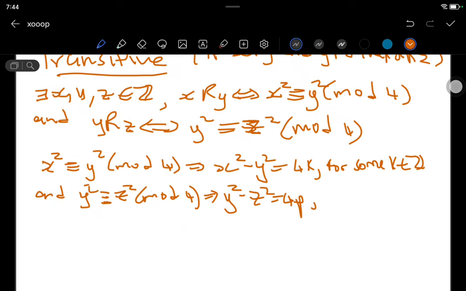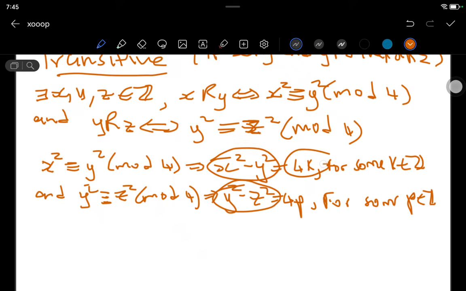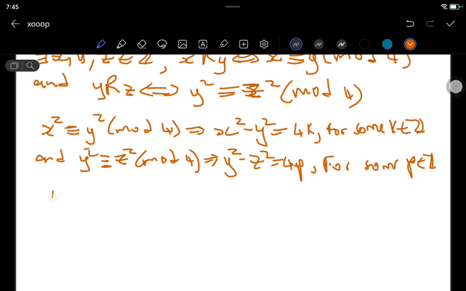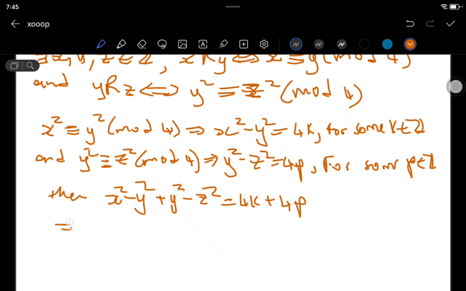I will use the same constant, right? For some p element of an integer, right? Now from here, we can add this side and also this side. We see what we get. When we add them, we say x squared minus y squared plus y squared minus z squared equals 4k plus 4p, which implies that x squared minus z squared equals 4 times k plus p.